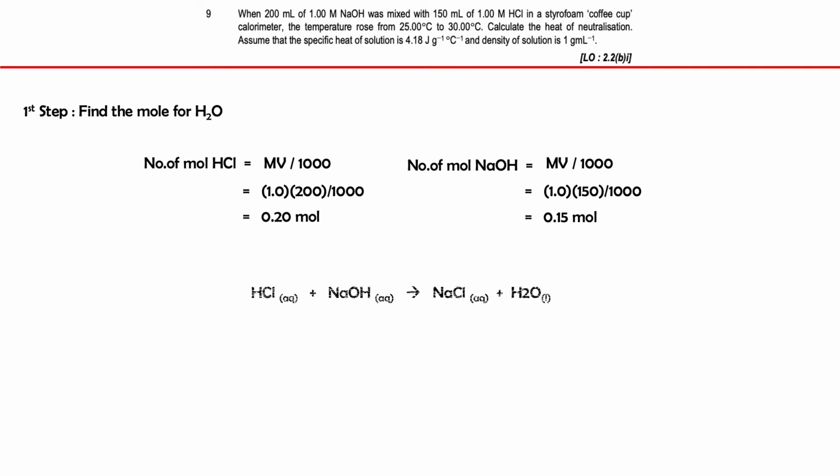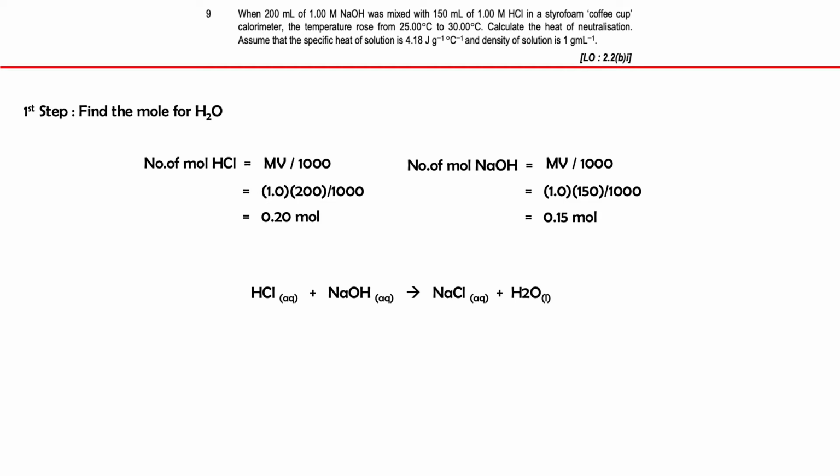And as we know, the equation shows that hydrochloric acid and sodium hydroxide react in the ratio of 1 to 1. However, given the moles are 0.2 mole and 0.15 mole, you have to identify which of these is the limiting reactant.